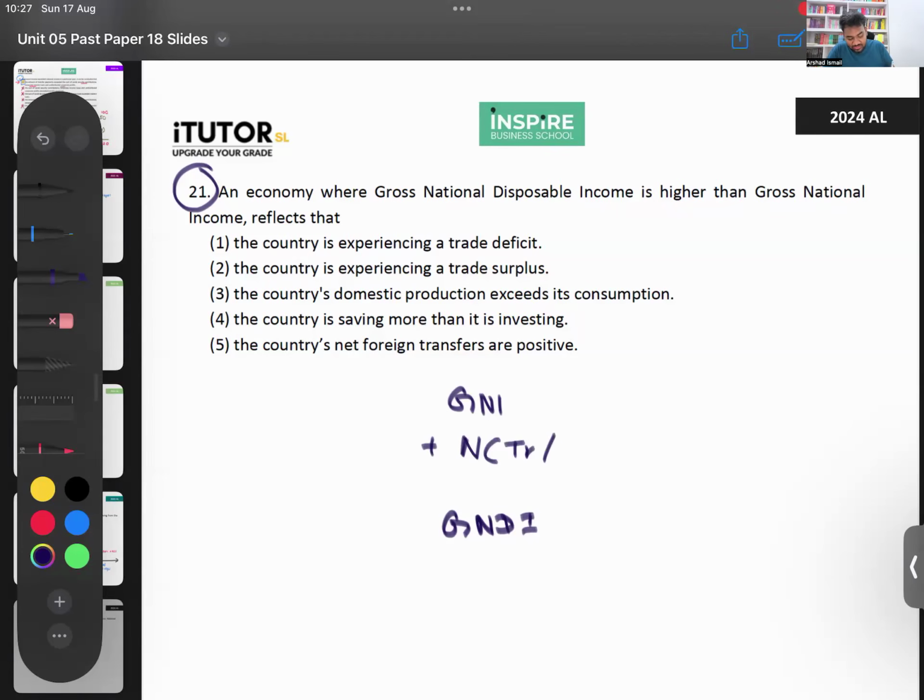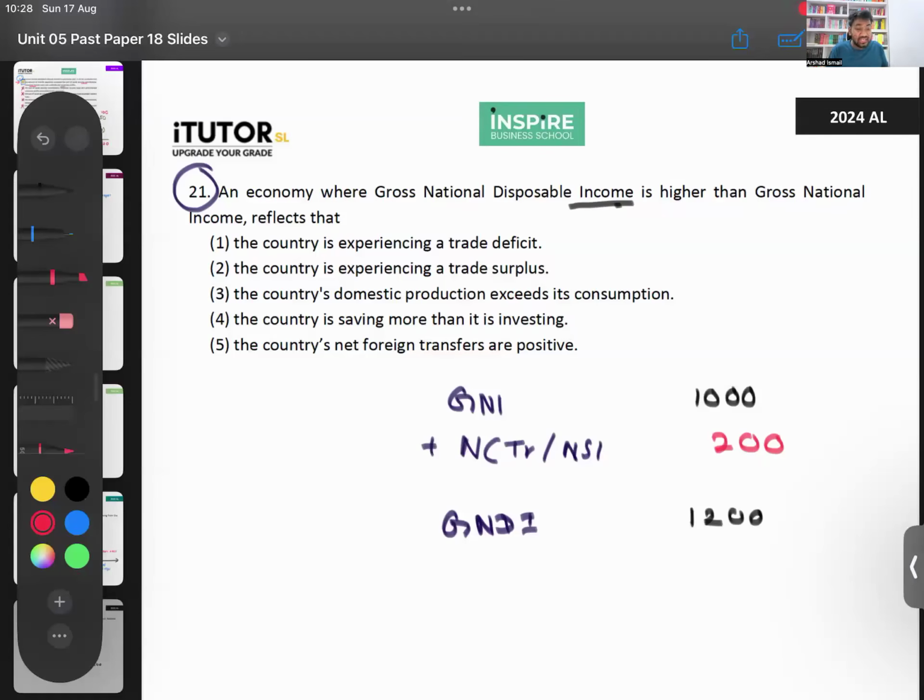So if your gross national disposable income is 1,200 and GNI is only 1,000, what should your net current transfers be? Your net foreign current transfers have to be a positive number, right? It has to be 200 in this case.